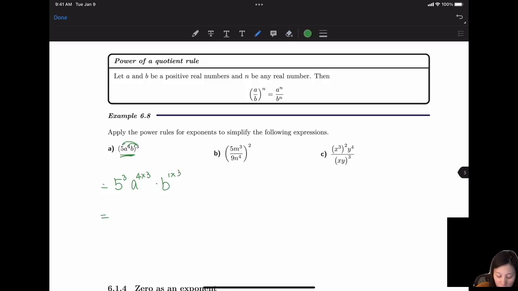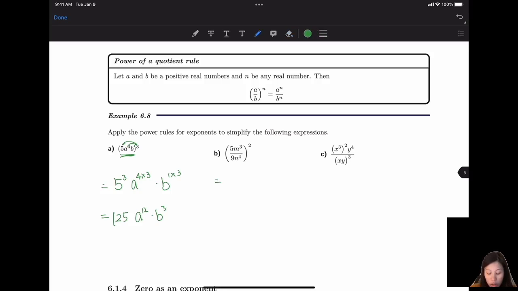When you simplify it, 5 cubed equals 25 times 5, which is 125. And then a to the 12th, and then b cubed. So that will be your final answer.